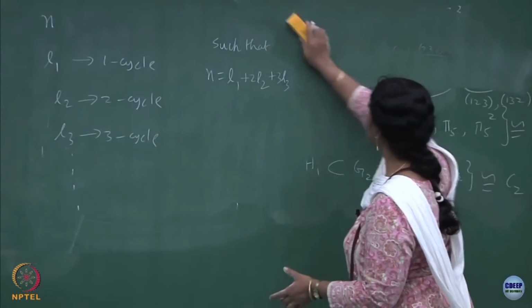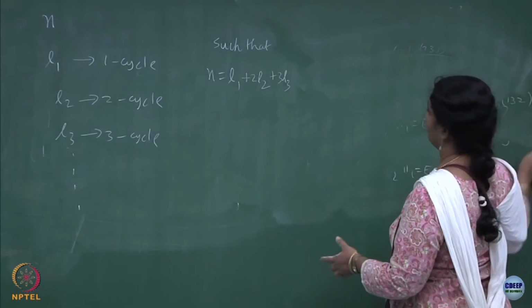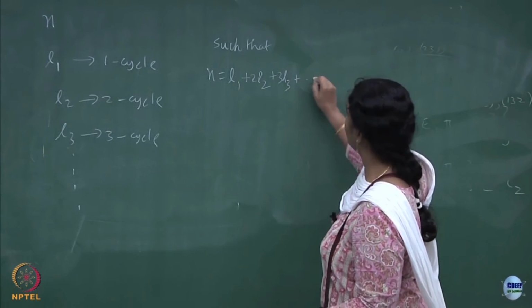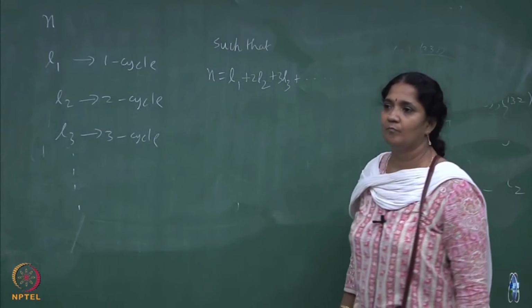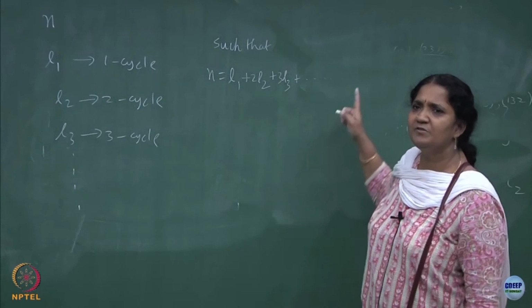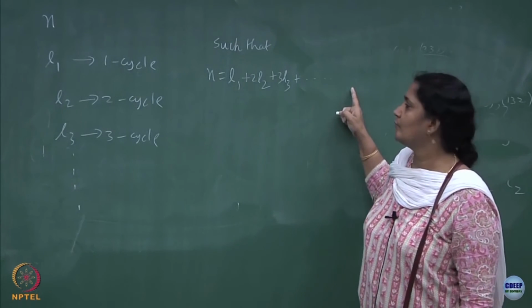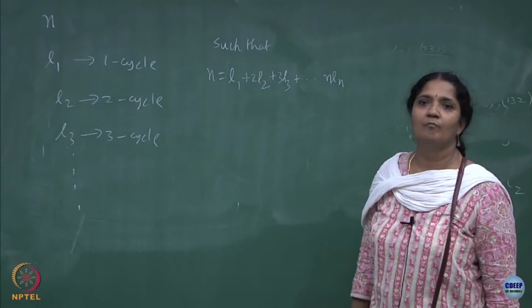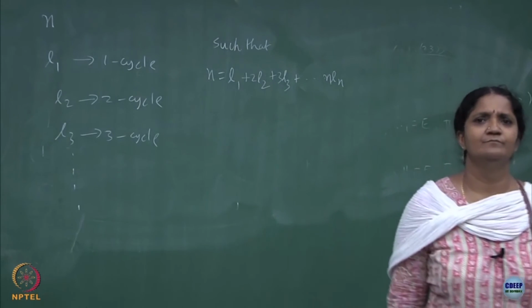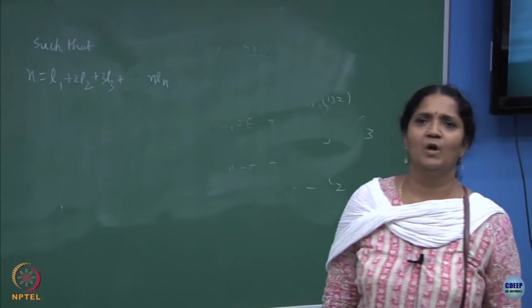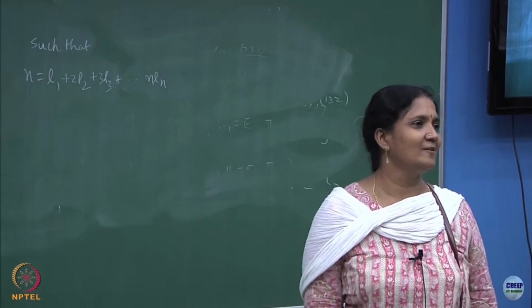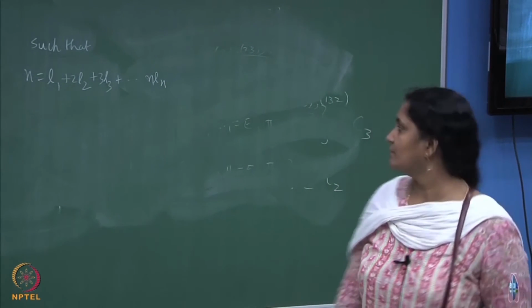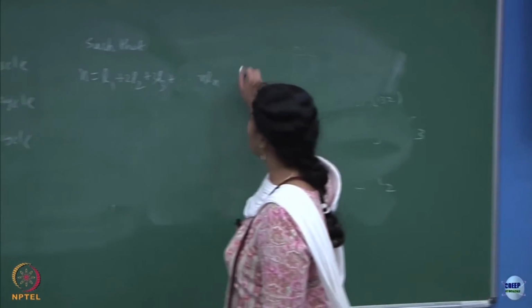They should add up to n. How much can it go to? Not beyond n. You can't have an n plus 1 cycle on a degree n object. This is a good constraint.